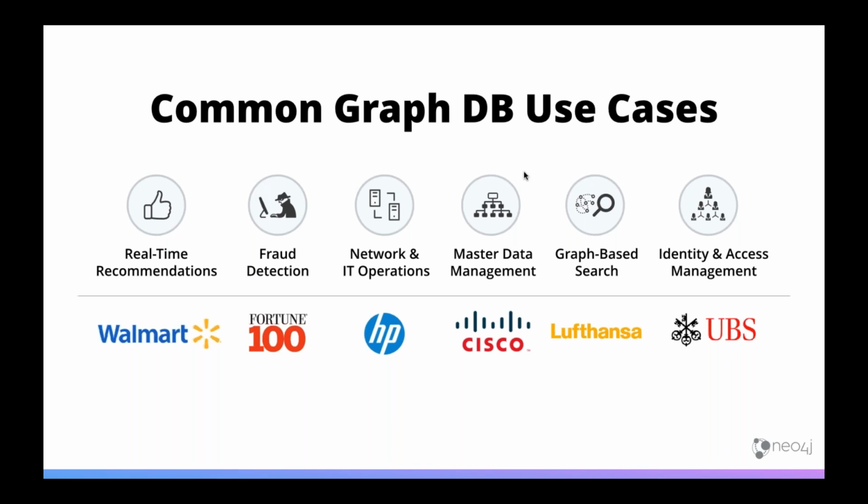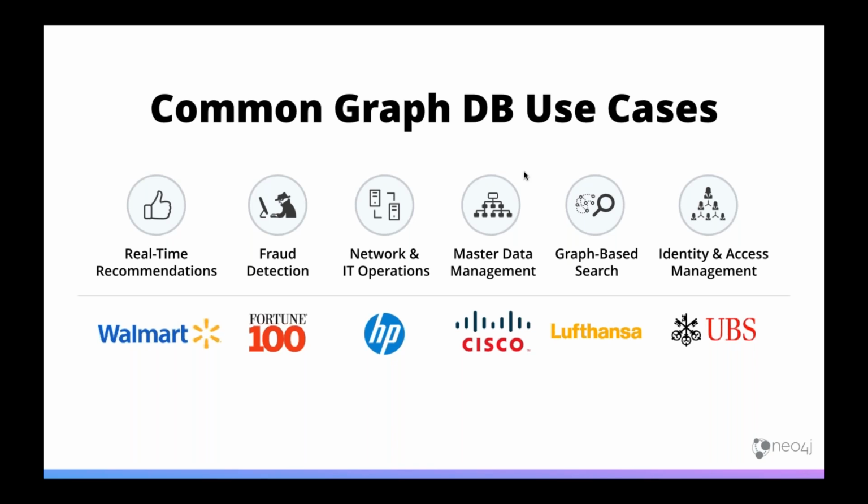And then network and IT operations, ensuring service assurance. So if you imagine a company like HP, or we have a lot of telecom providers as well, that use Neo4j to help ensure that calls get from A to B the way they're supposed to. And then, of course, master data.